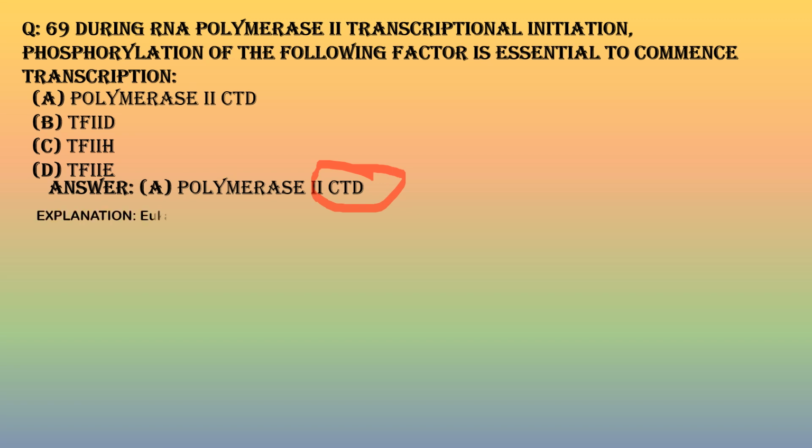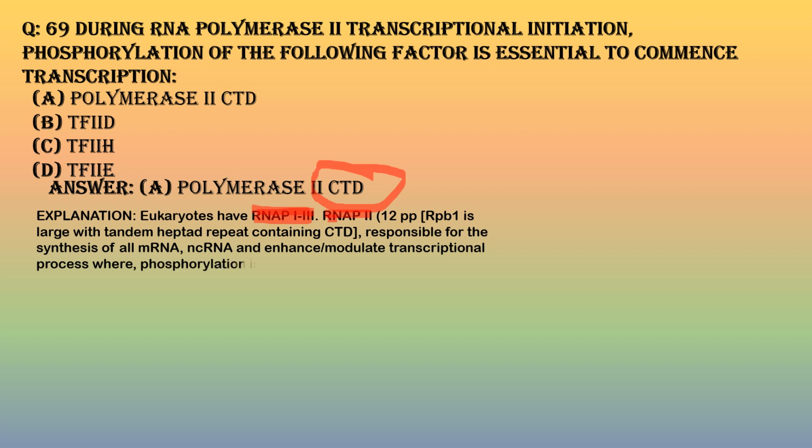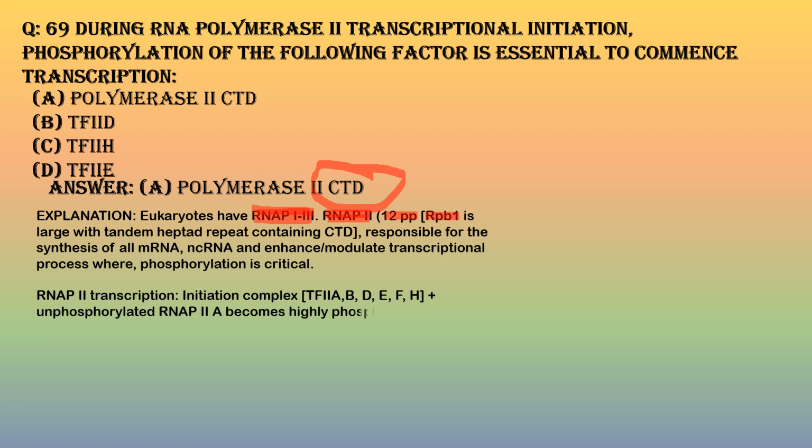Okay, so the explanation. In eukaryotes, there are three types of RNAPs: 1, 2, and 3. Among them, RNAP2, this protein consists of 12 polypeptides, among which RPB1 is the largest.